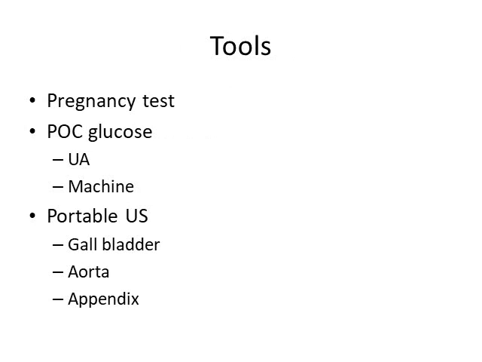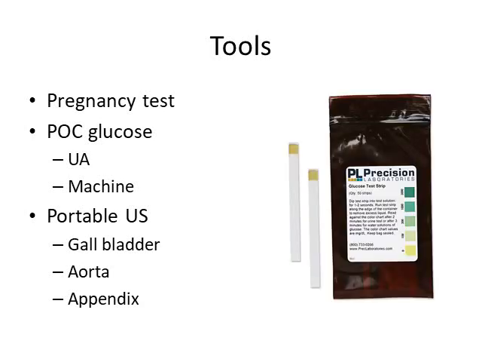Thankfully, aside from just educated guessing and likelihood, you have certain tools that you can carry with you to help you diagnose these things, or at least evaluate and rule things out. A pregnancy test is something very light, easy to carry in your medical kit. Rule out ectopic pregnancy quickly. A point of care glucose. They actually make urine glucose sticks that you can have the patient urinate onto, and they can give you a rough estimate of the glucose in the serum.